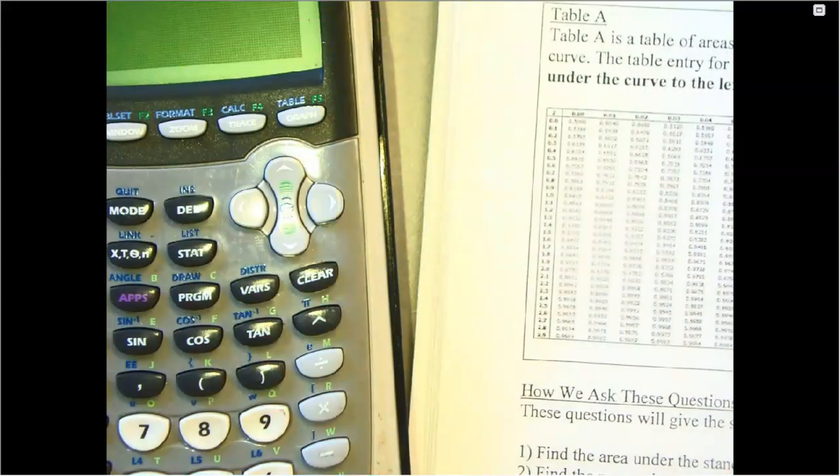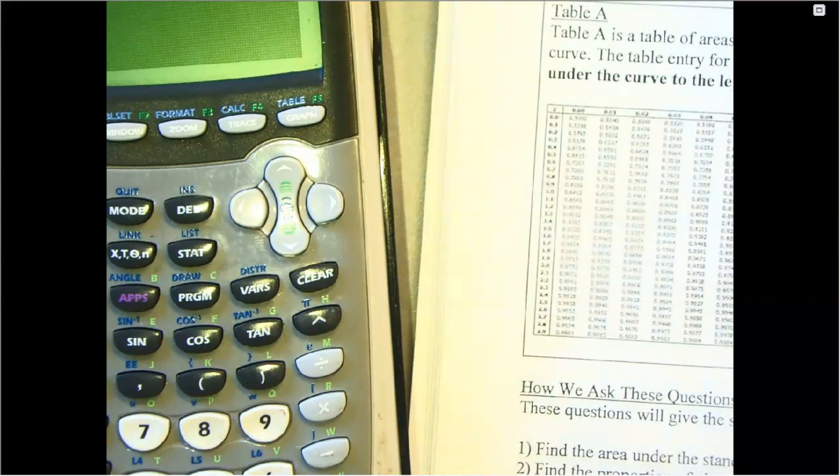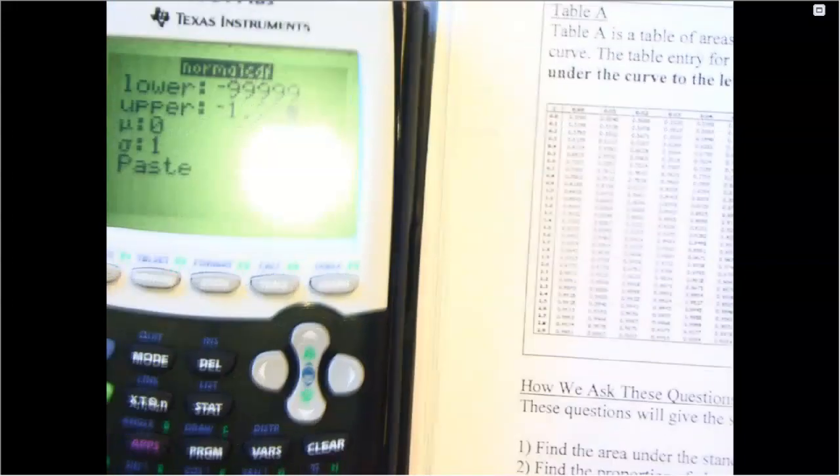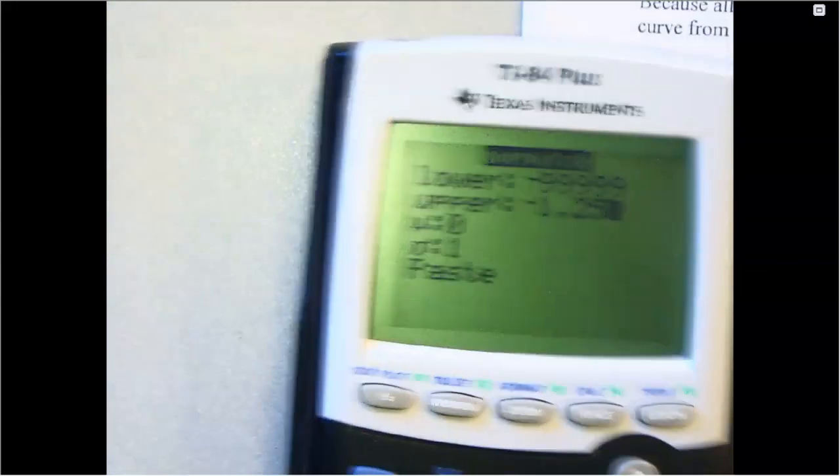But there's one that pops up with like a menu, right? It presents differently on the two calculators. It's the same calculator, but it's like two different operating systems or something.